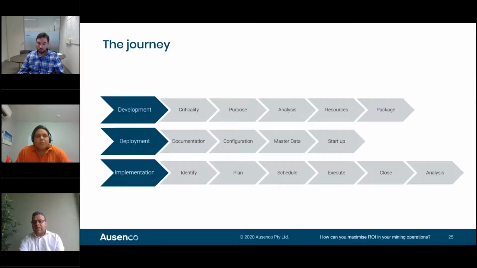Now we can look at what resources are required, and then we package all of that in the usual documentation that organizations use, in their maintenance management system and operational accounting systems, in a way that the organization can use. How do you do that? You deploy that documentation, configuration information, master data for your ERPs or CMMS in a way that is, again, consistent and fully aware of the reasoning behind it.